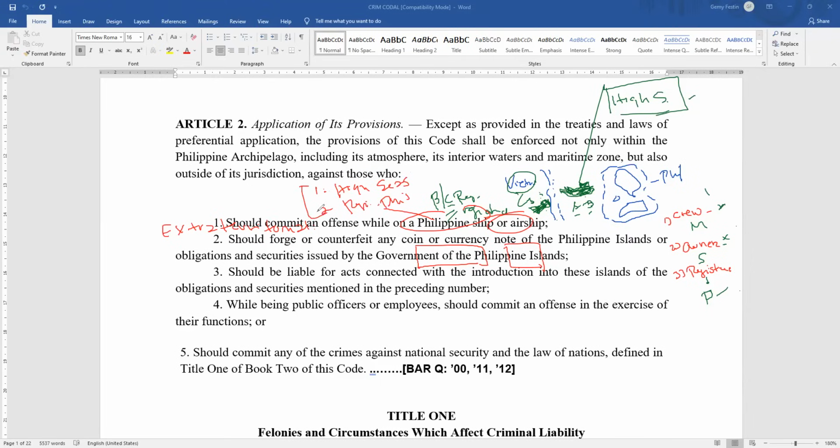These two requirements must concur. If any of these requirements is not present, then we cannot exercise jurisdiction. If it is not registered in the Philippines, wala tayo doon. If it is within the jurisdiction of another state, then wala rin tayo doon.